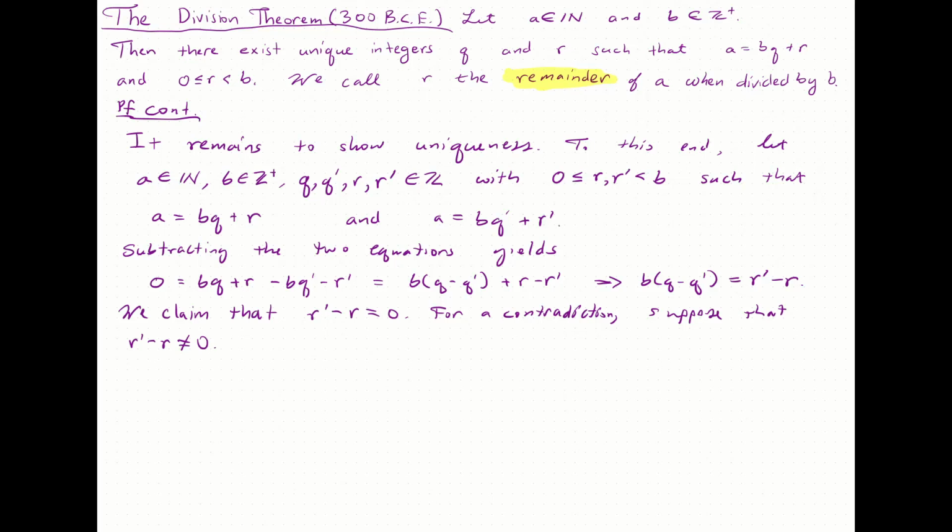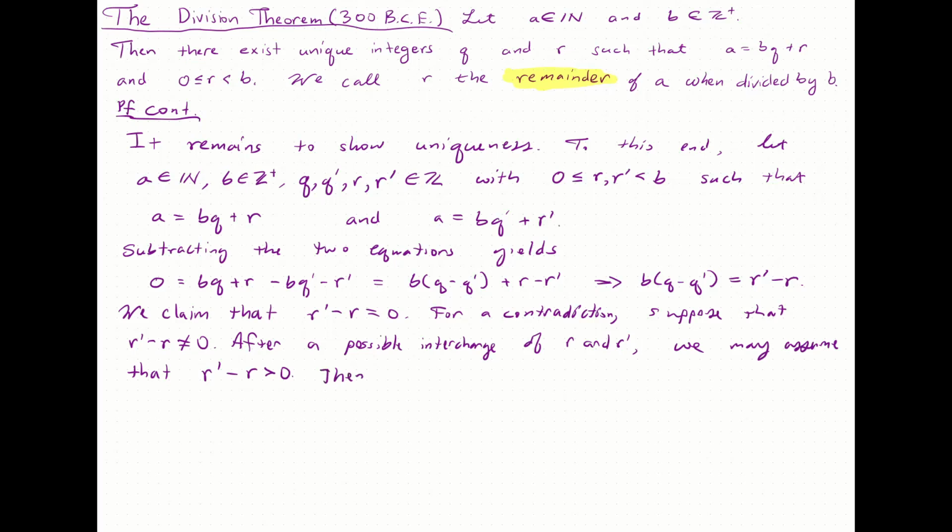Now, this gives us two possibilities. r prime minus r is going to be positive, or r prime minus r is going to be negative. So after a possible interchange of r and r prime, we may assume that r prime minus r is greater than 0.